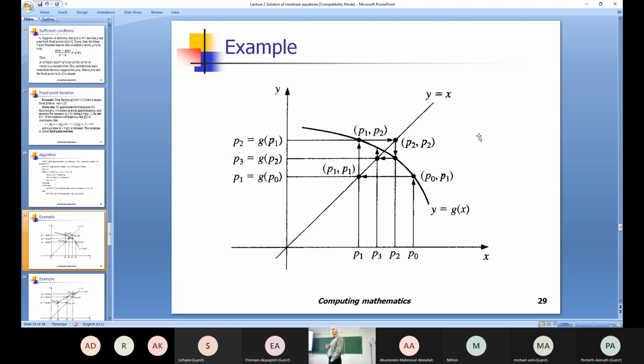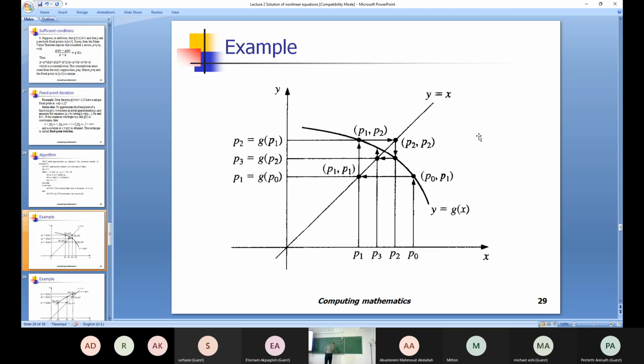No, 0.54. Yes, 0.54 and something. After that, we use this point to calculate P3.